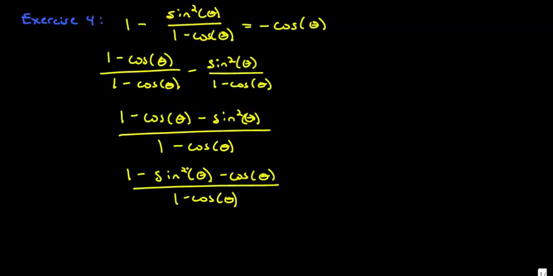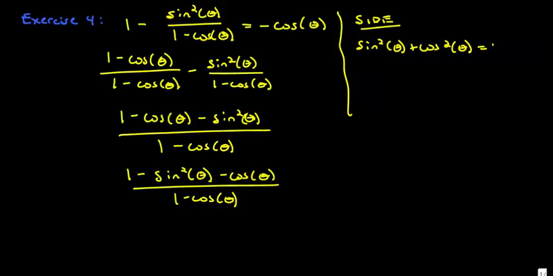Here I've got 1 minus sine squared, so a side note: sine squared plus cosine squared is 1, which means that cosine squared is equal to 1 minus sine squared.